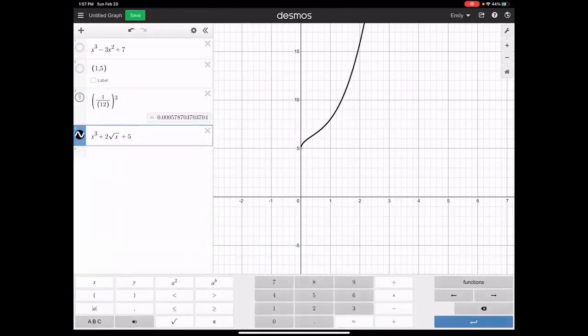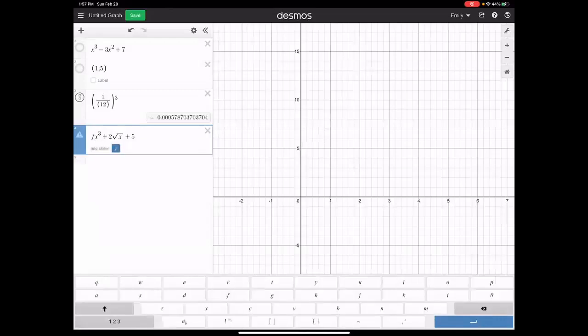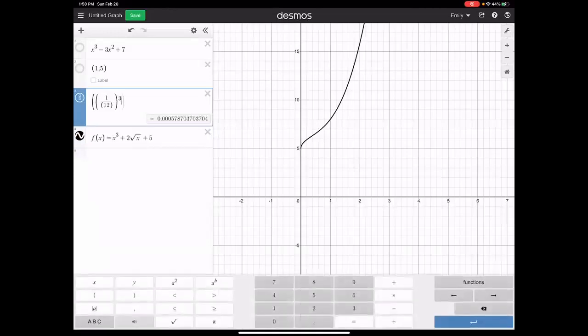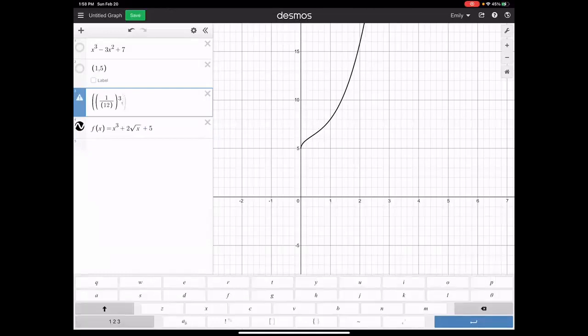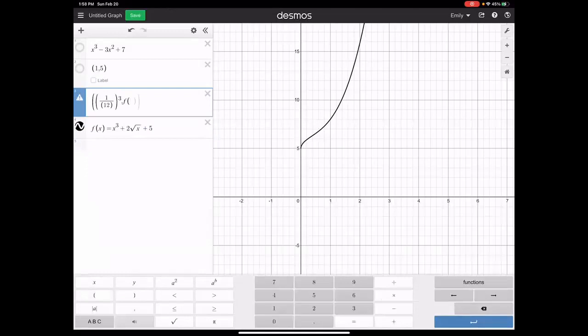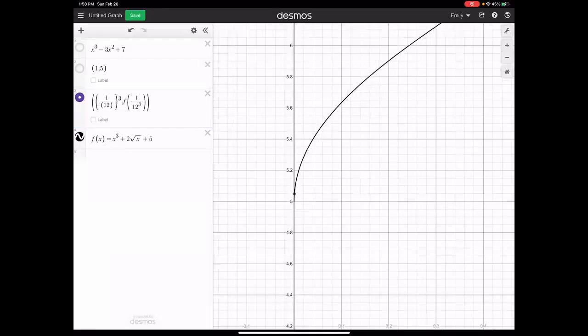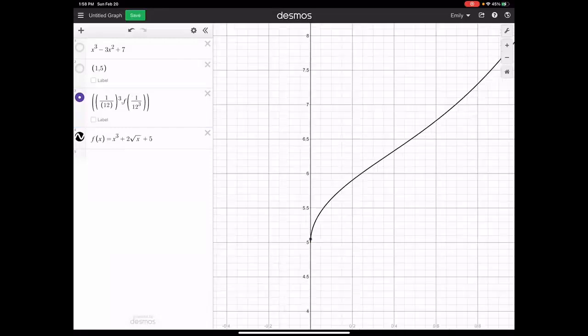This is f of x. No, that's not quite right, is it? No, that's not right.